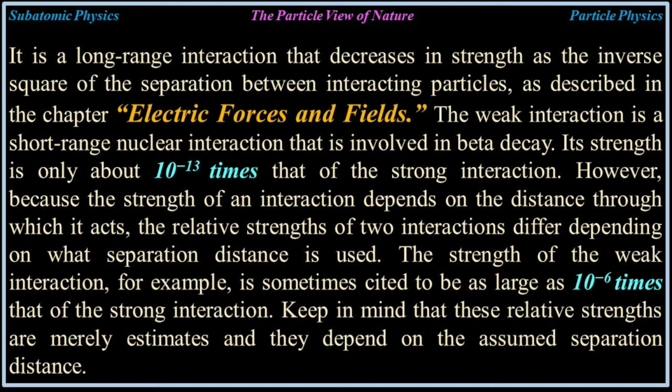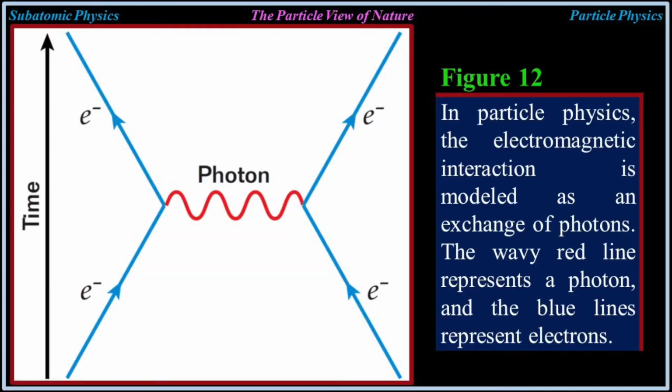The strength of the weak interaction, for example, is sometimes cited to be as large as 10^-6 times that of the strong interaction. Keep in mind that these relative strengths are merely estimates and they depend on the assumed separation distance.